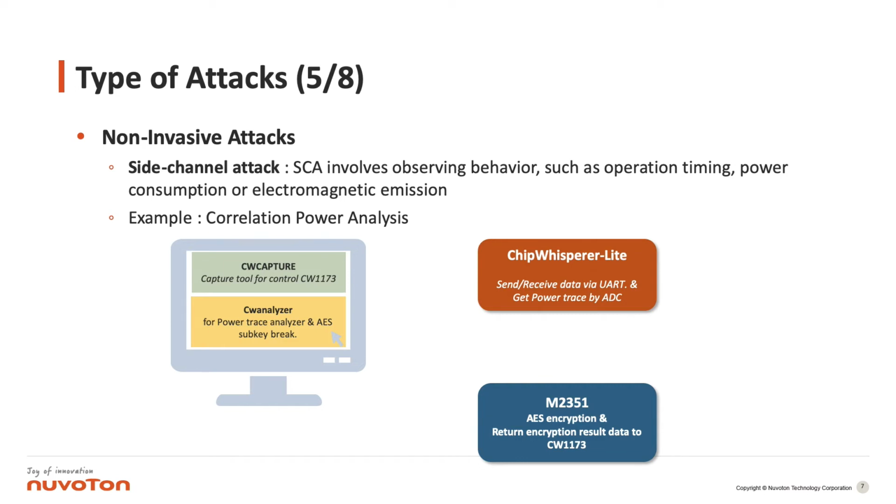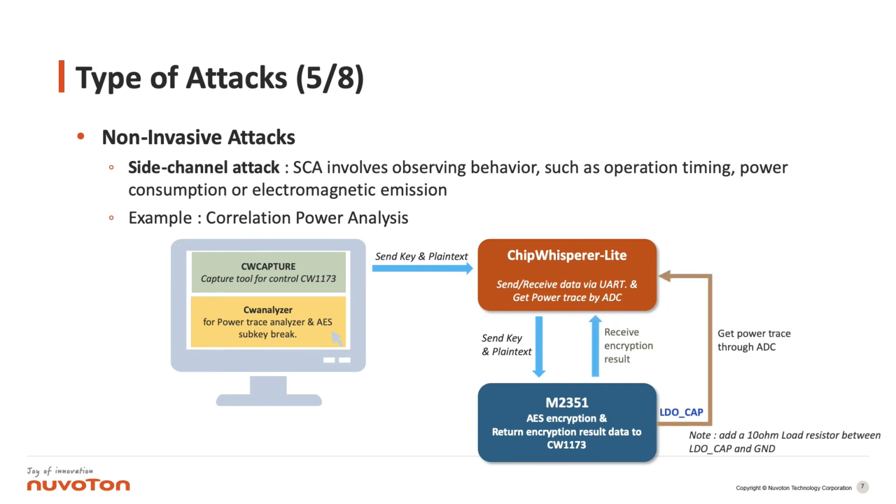And there is an M2351 test board, which runs the AES encryption program. The encryption key and the random plaintext are sent from the PC to the M2351 test board through the ChipWhisperer-Lite. After receiving the data, M2351 starts to perform encryption.